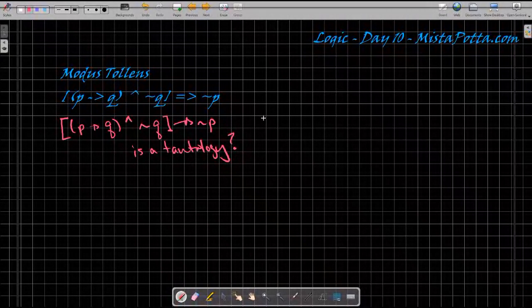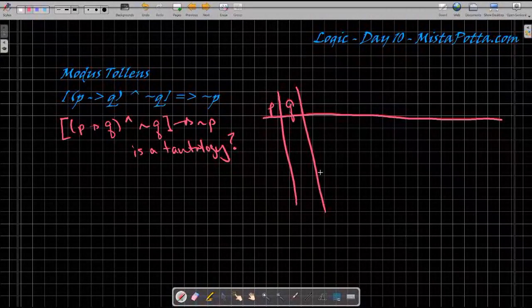So we're going to need to do a truth table to prove the validity of this argument. And I'm interested in negation P and negation Q.